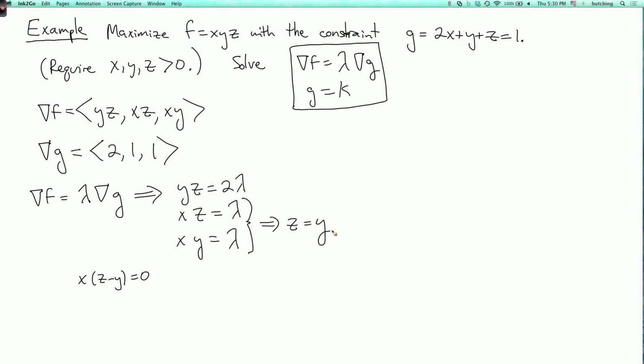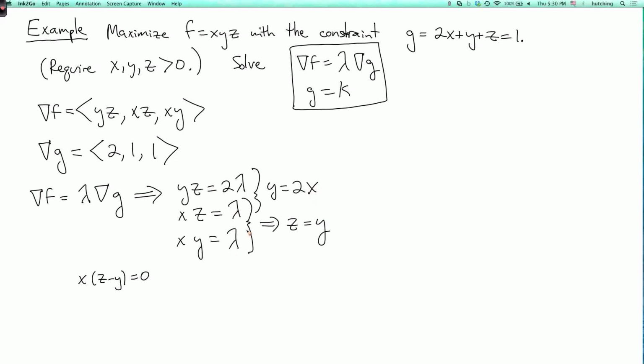And okay, so now if I look at these first two equations, I know that z is not equal to 0, so I can divide the one equation by the other to see that y equals 2 times x.